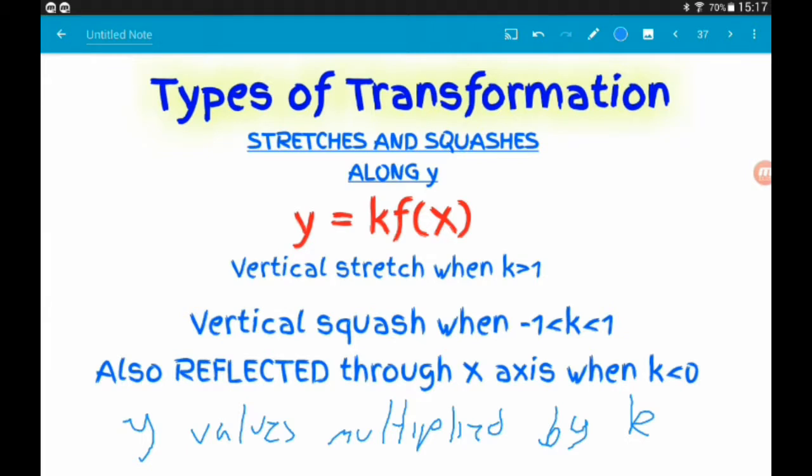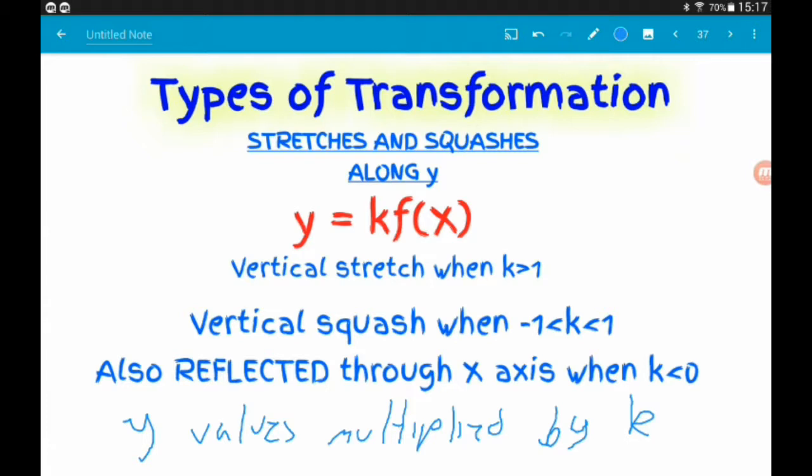Now, when k is greater than 1, this stretches our function vertically. So what happens here, every y value gets multiplied by k. So for example, if we had y equals 2f of x, any y values would get multiplied by 2.